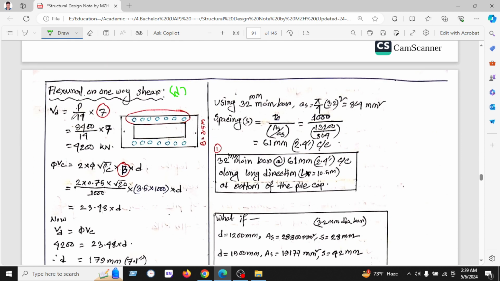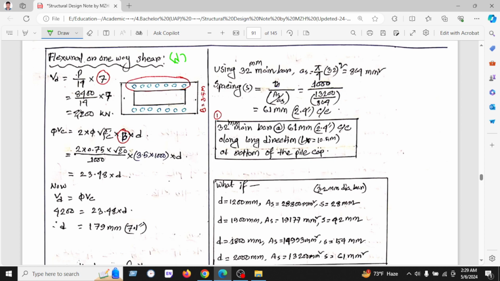On the other hand, we see here the flexural shear, which occurs at a distance of d. We know the total load divided by total number of piles, multiplied by 7. Why do we have 7? Because the shear occurs at a distance from D. That's why we have used only 7.